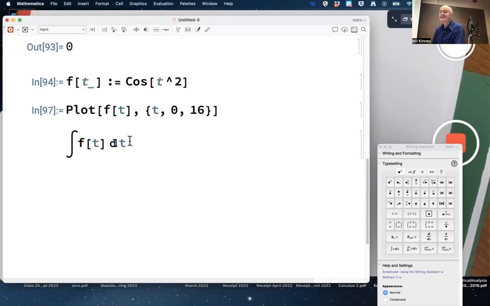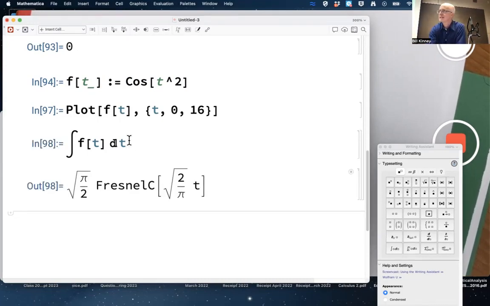But that does not mean the integral cannot be done. It just means the answer is a function you've never heard of before. Fresnel C. Named after somebody whose last name was Fresnel. See? That actually refers to the cosine.